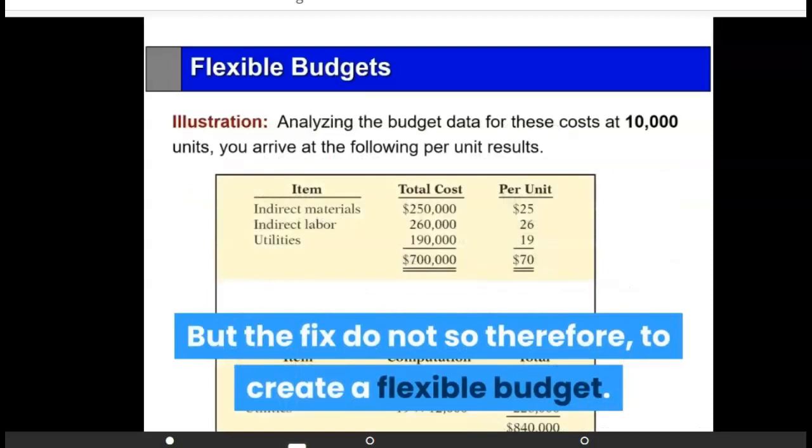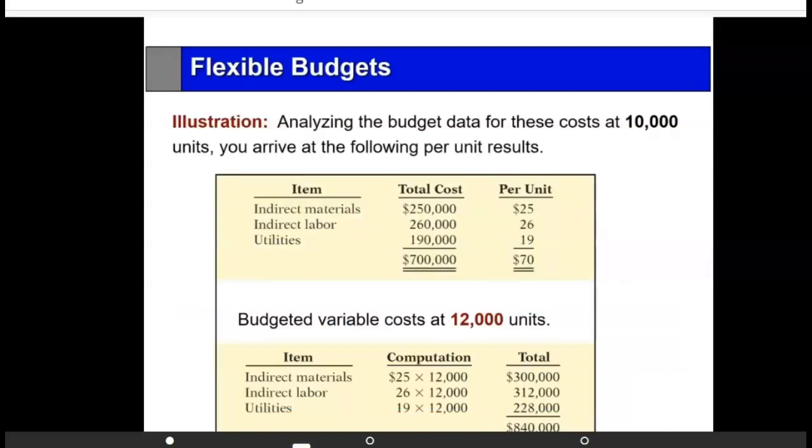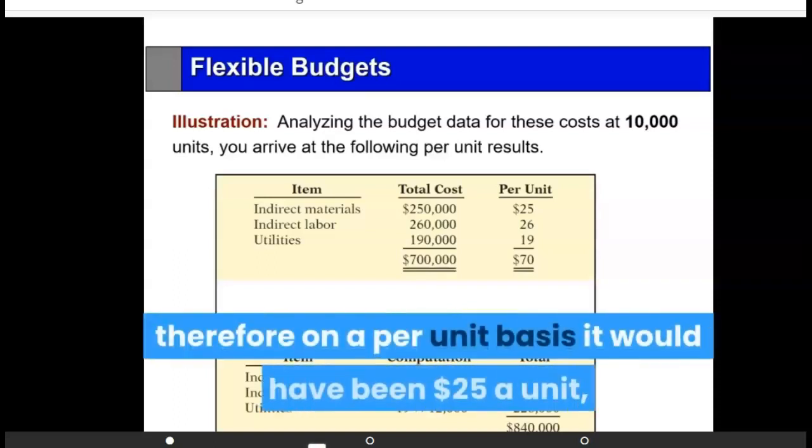So therefore, to create a flexible budget, we look at how that budget was developed for the 10,000 units. Well, if the total cost was $250,000 for indirect material at 10,000 units, then on a per unit basis it would have been $25 a unit.